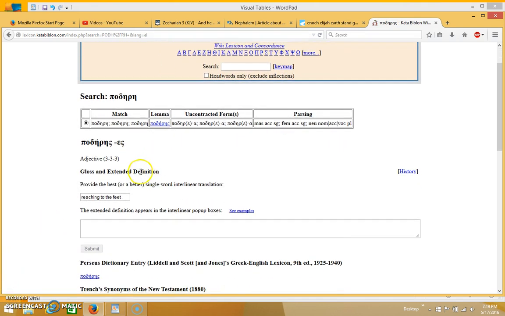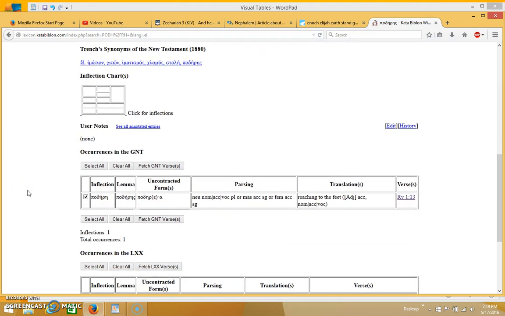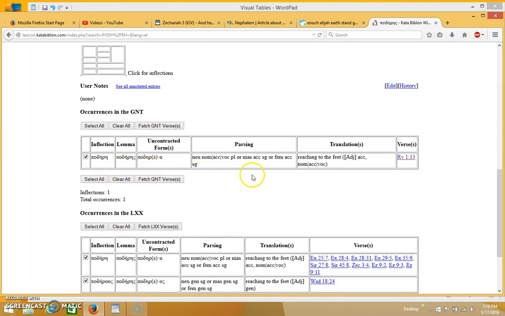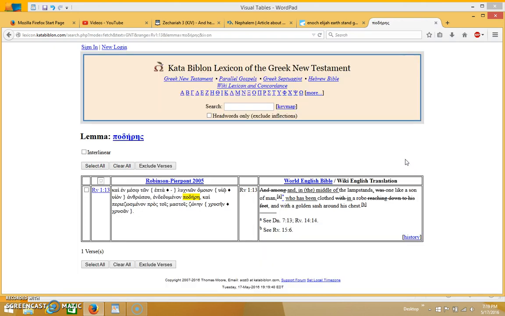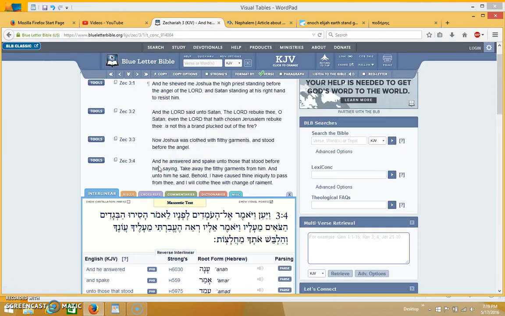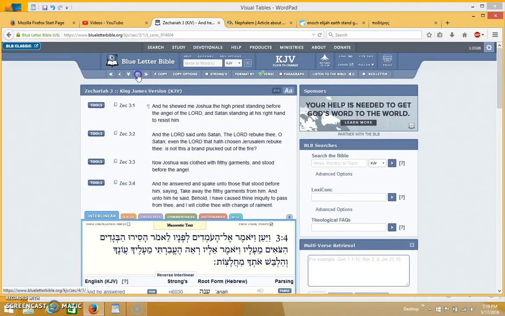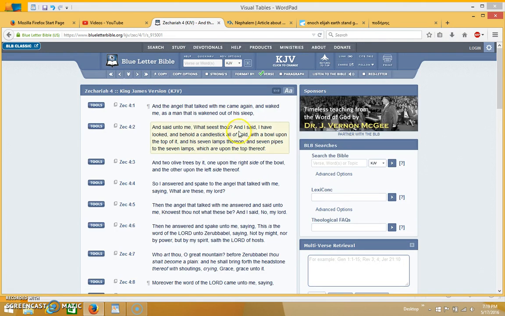As you can see here, this word means reaching to the feet, and it's only used one time in the New Testament, and that's in Revelation 1:13, where it talks about Jesus standing in the midst of 7 candlesticks. And then when you go to Zechariah 3, when you go to the next chapter, you see that it talks about the 7 candlesticks.